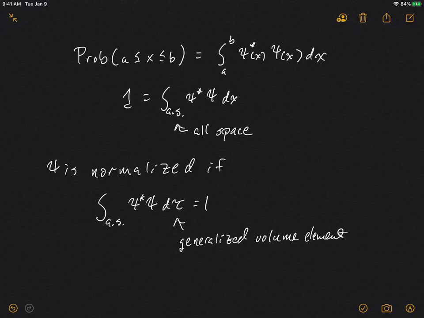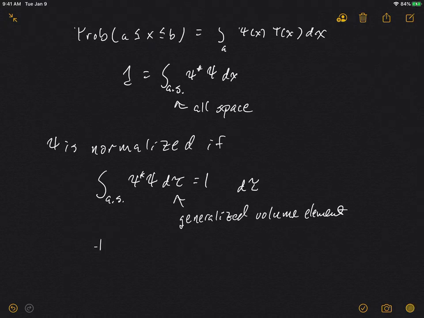And that's supposed to be a tau there, right? D tau, a Greek symbol that looks a little bit like a T. So if this is true, and again, defining all space as we did above, then we can say that psi is normalized.